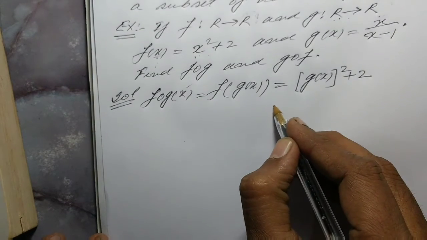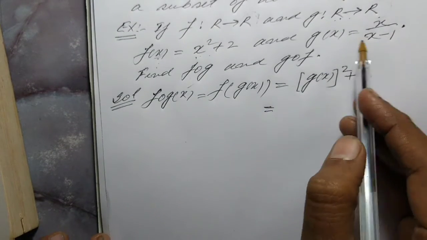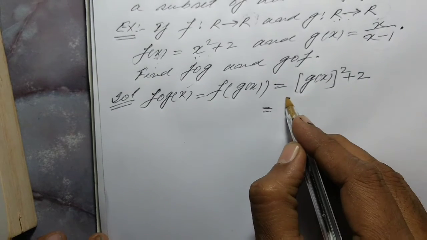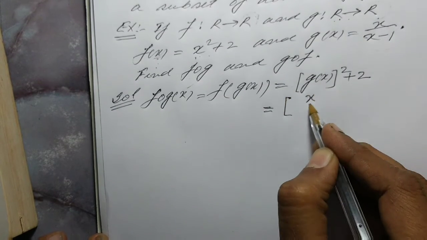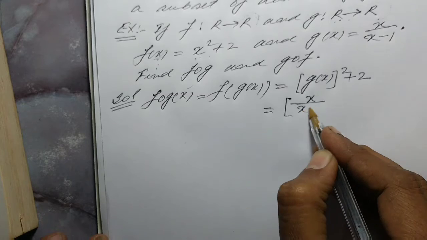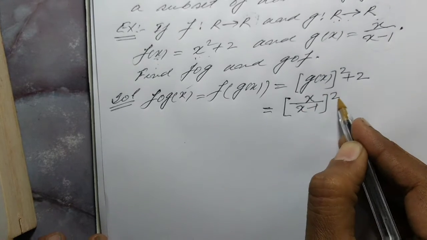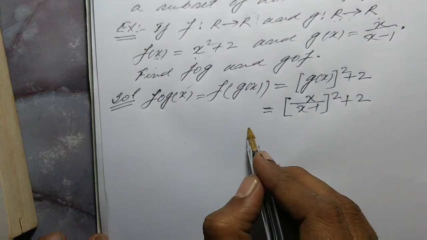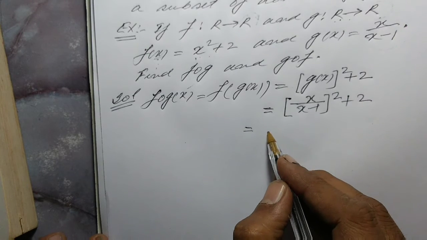Now in the next step we substitute the value of g(x). And what is g(x)? g(x) is x upon x minus 1. So we substitute the value of g(x) here, x upon x minus 1 whole square plus 2, and now we need to simplify this.